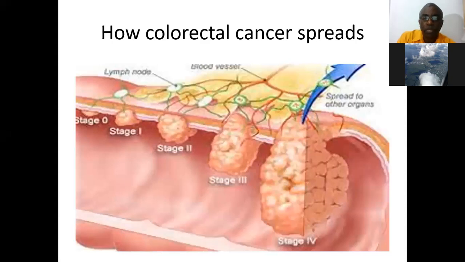All right, we have gone through this already, but just to go over the stages, it is stage 0, where although you see a polyp start, it is not cancerous. But over time, it can become precancerous and then cancerous, where it starts here and it increases until it takes over the whole colon, and then the colon cannot do its function.